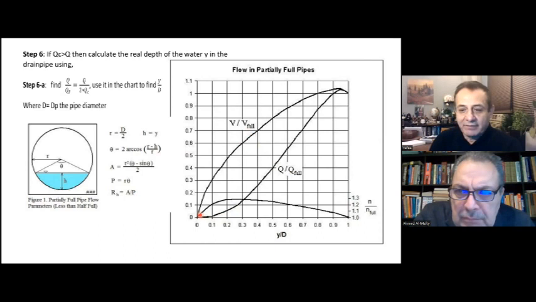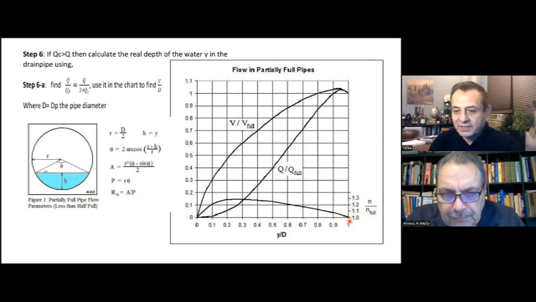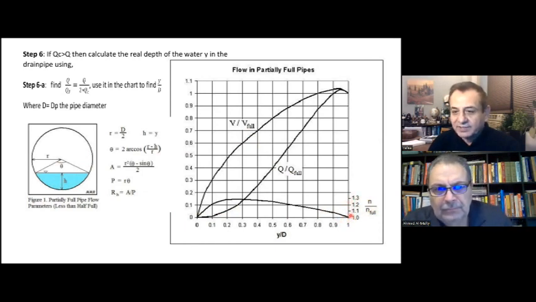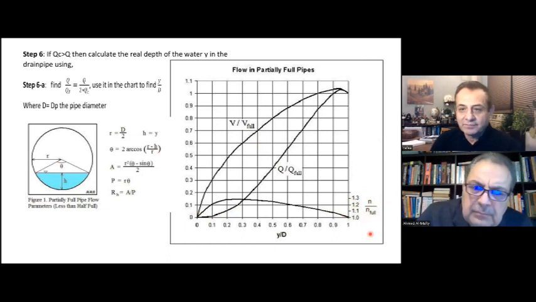Theoretically, the N value is also affected by whether you have a partial flow or a full flow. But usually in design, the variation is not that high, so we assume that N partial equals N full. So we ignore this curve.